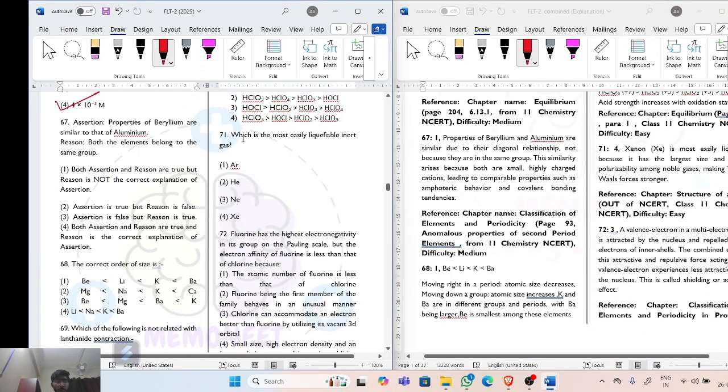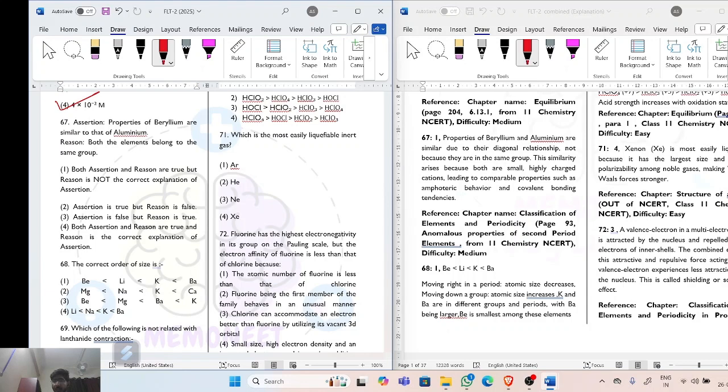Assertion and reason problem. The assertion: the properties of beryllium are similar to that of aluminium. Reason: both the elements belong to the same group. So let's check. The properties of beryllium and aluminium are similar due to their diagonal relationship, not because they are in the same group.